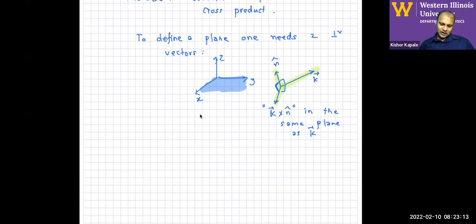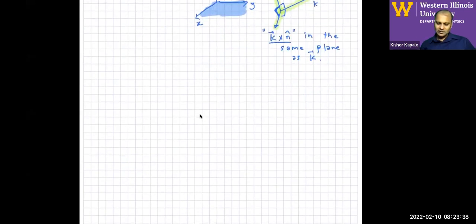Given that it's perpendicular to n, the only thing that's perpendicular to n is this plane in which k lies. That means k cross n has to lie in the same plane as k. Does that make sense? So if n is perpendicular to k, n is also perpendicular to k cross n. That means k and k cross n, these 2 vectors, will form a plane. It will be the same plane. Everybody with me?